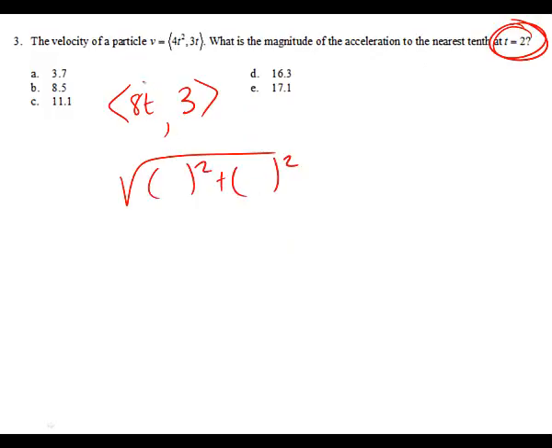So when I plug a 2 into this, what do we get? 16, and when we plug a 2 into that, we still get 3. And when we add that up, we get... I have 265. It helps if you get that number right, because I didn't get that number right at first. So that's how I got it wrong to begin with. And it turned out to be 16.3. Number 6? Sure.